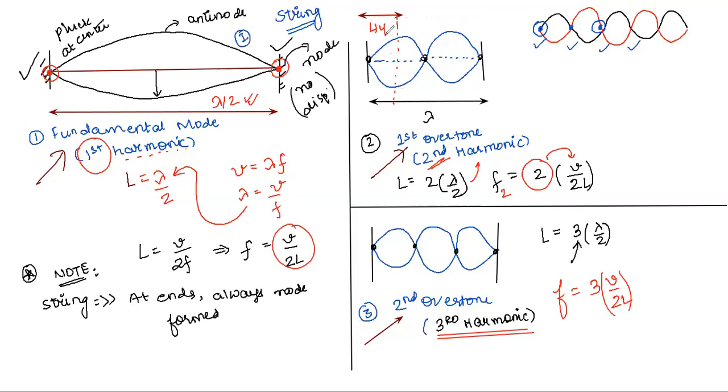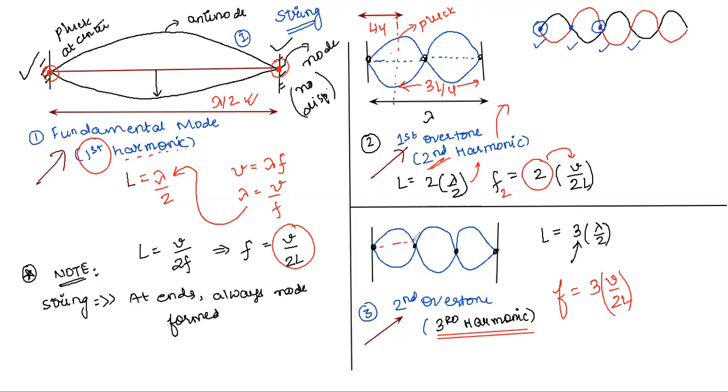So suppose I pluck at a distance L by 4 from one end and 3L by 4 from another end, a point in such a manner on the string is plucked. Then which kind of harmonic will be produced in the string? Second harmonic. Are we clear?